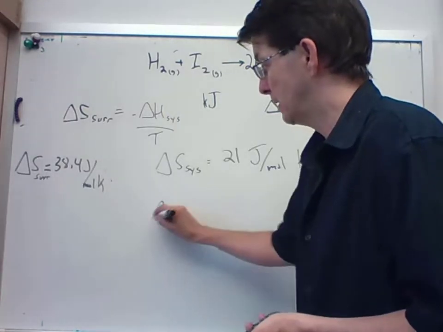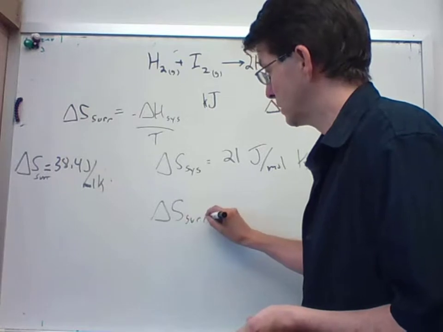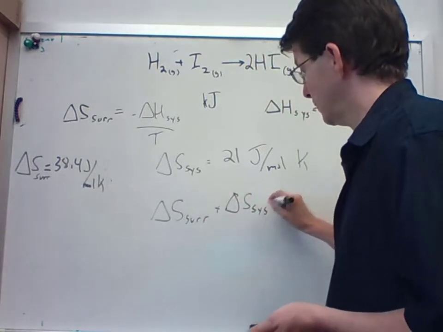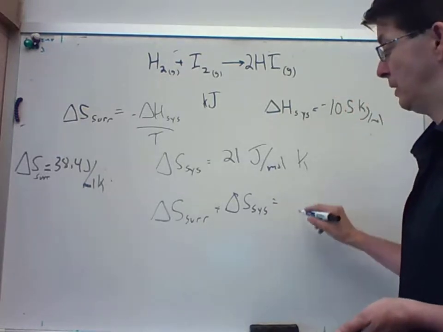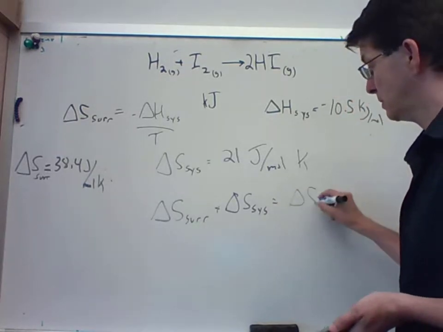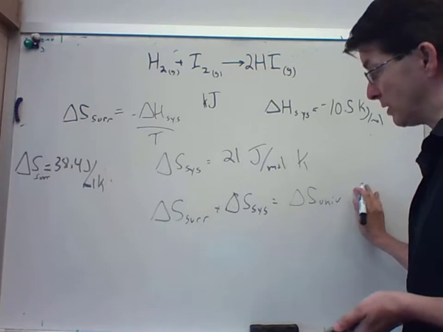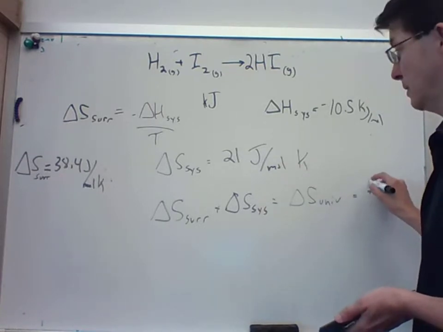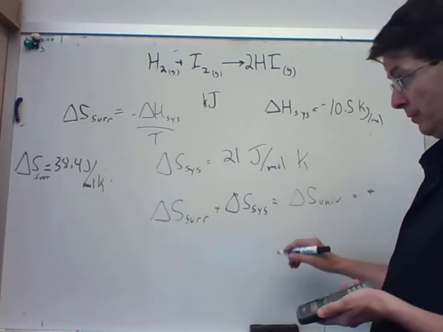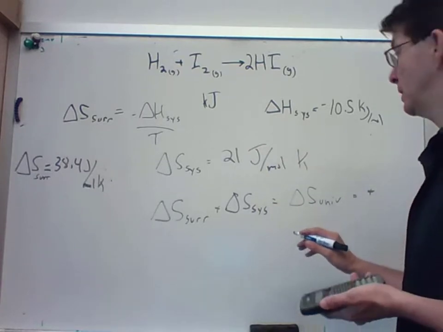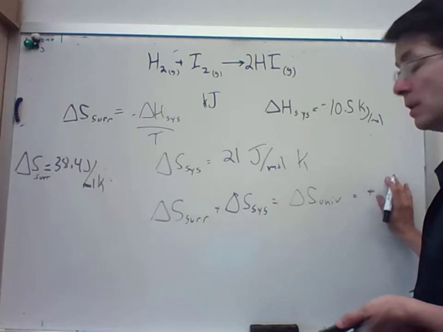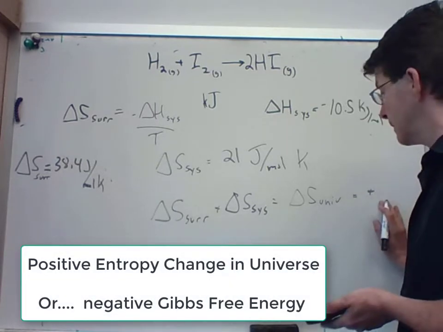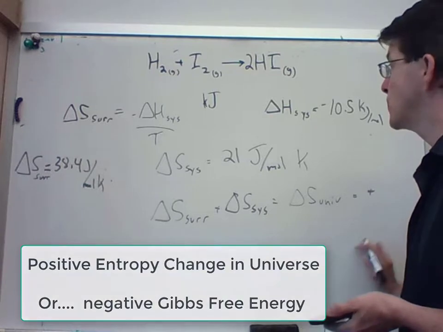So in this case, delta S of the surroundings plus delta S of the system will equal delta S of the universe, which is positive. And in this case, because it is positive, roughly positive 59 joules, we can say that this reaction is spontaneous.